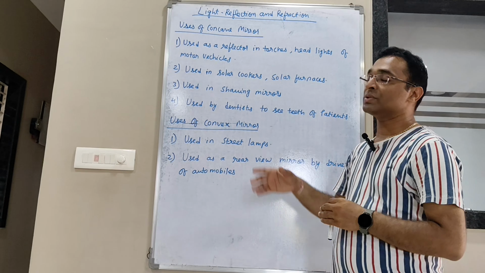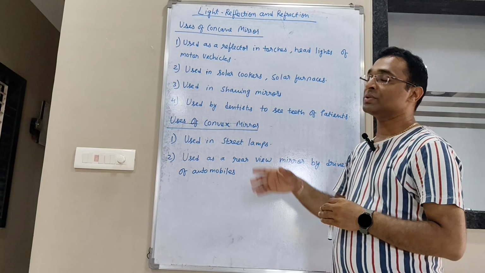Second, uses of convex mirrors. A convex mirror is used in street lamps to spread the light. Second, it is used as a rear view mirror by the driver of automobiles. In two-wheelers and three-wheelers, we have side view and rear view.